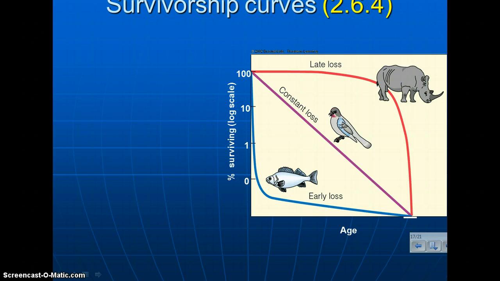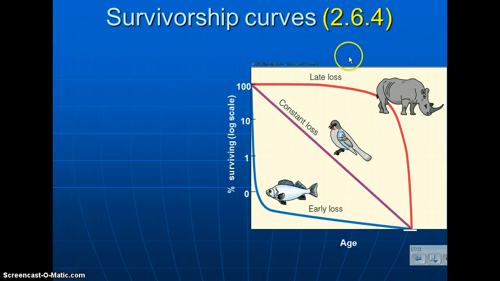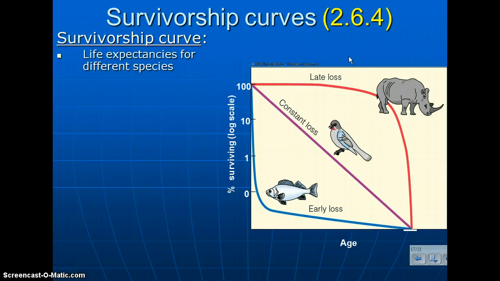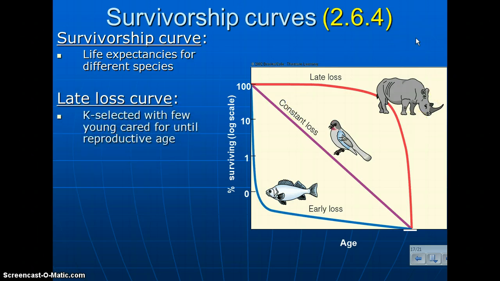Related to the r and K strategists are survivorship curves. Survivorship curves are described as the life expectancies for different species. You'll see that this graphic shows age of the species over percent surviving. The late loss curve is the red one here with the rhino, and that's mostly going to be K-selected species just like ourselves, where most humans will live for quite a long life, and then once we get old, we start to die past reproductive age.